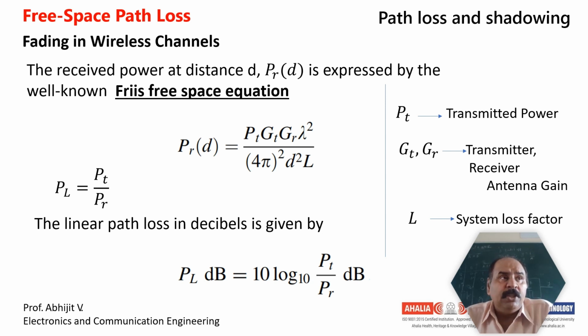When we consider all these things, we get the linear path loss in dB, which is given by 10 log to the base 10 of PT by PR. The received power at a particular distance d is given by the famous Friis free space equation.